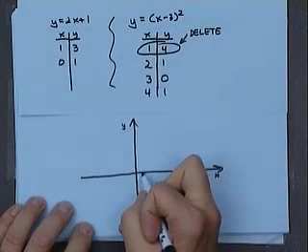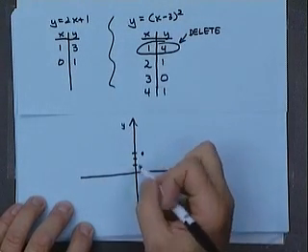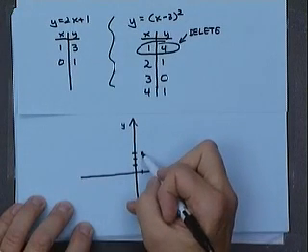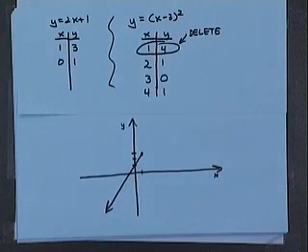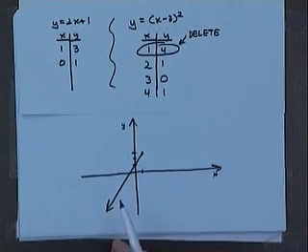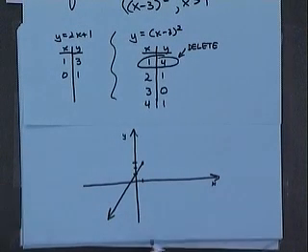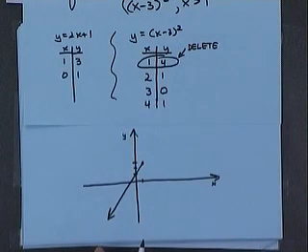All right, so 1, 3 is included. 0, 1 is included, and then we can kind of figure out what this thing is doing to the left. Now I stop it at 1 because it's only that piece of the function, of the piecewise function or the split domain function, is only valid for values that are 1 or less.